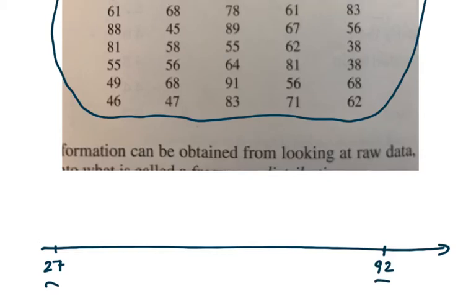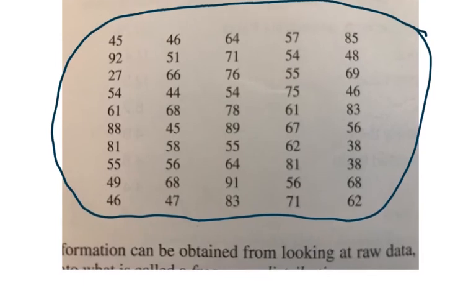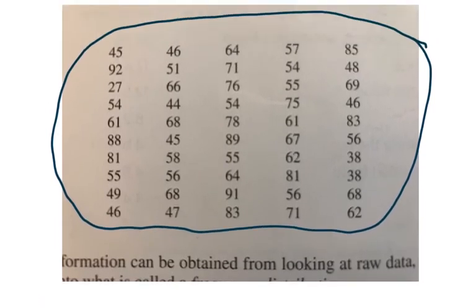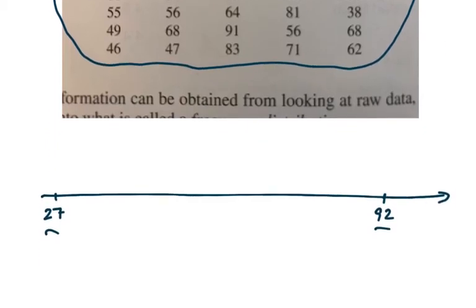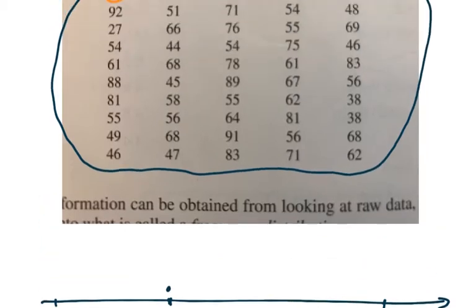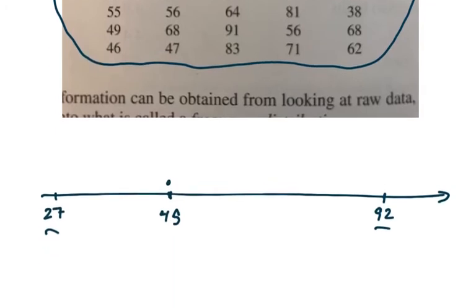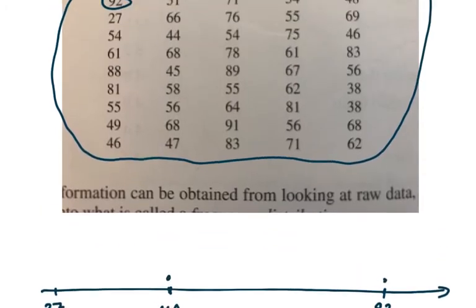And what we can do is just go through one by one, take each piece of data. So 45 is the initial datum or piece of data. And so we would find where that is on our x-axis, and we put a little dot there. Going back up, we see 92. That was one of the values, so we would have a dot above that, and so on and so forth.